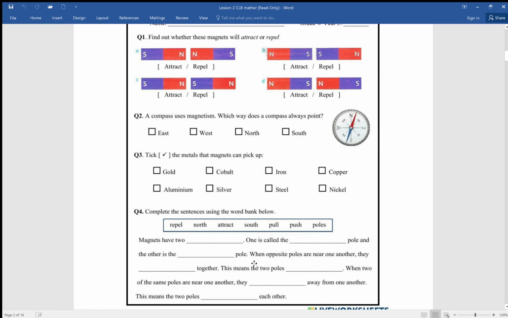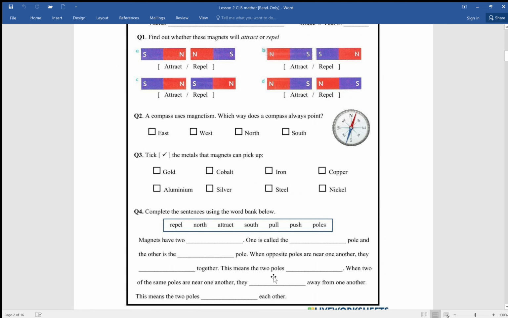When opposite poles are near one another, they pull together.